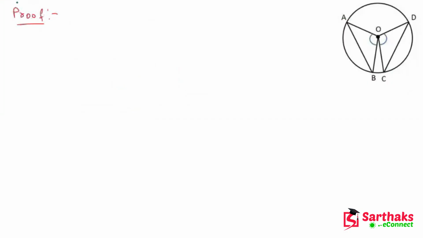First of all, in triangle AOB and triangle DOC, meaning triangle 1 and triangle 2, you can see OA is equal to OD because these are the radius.